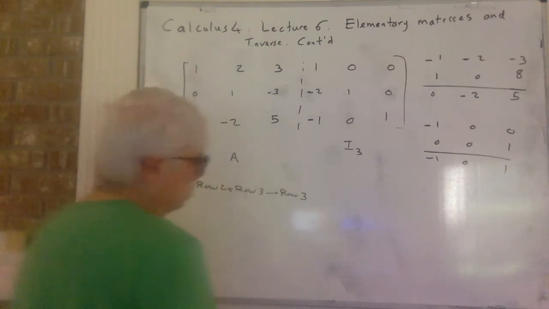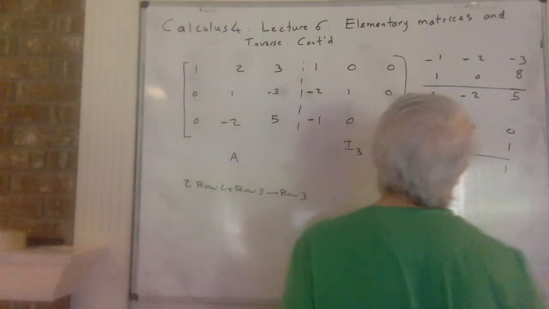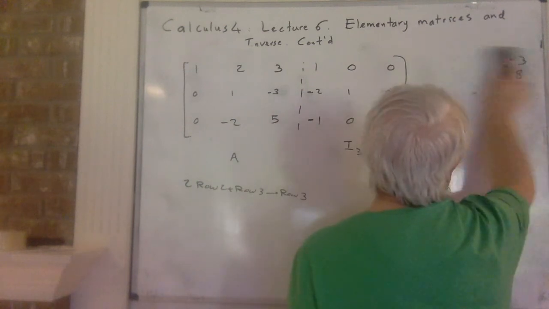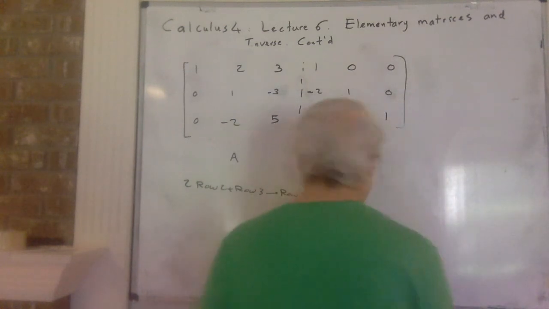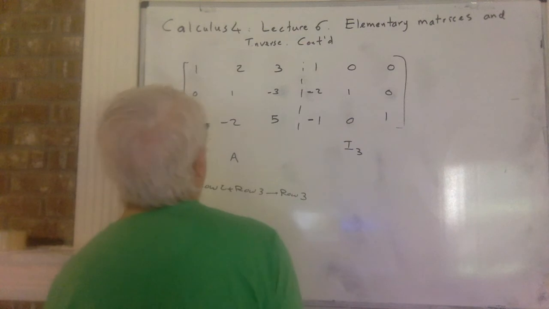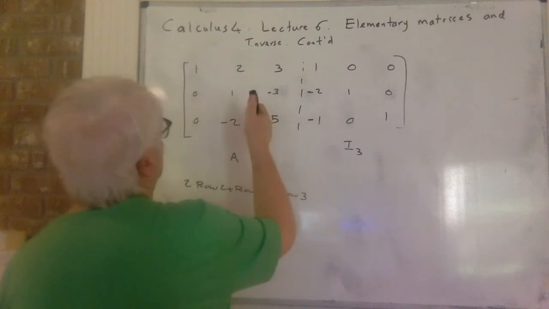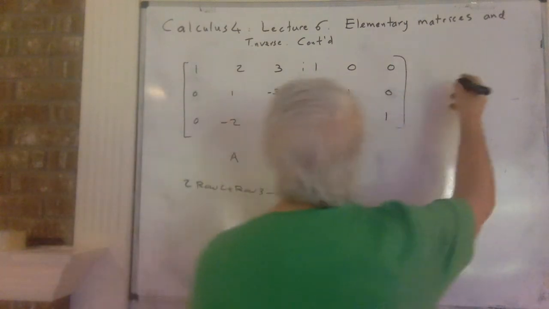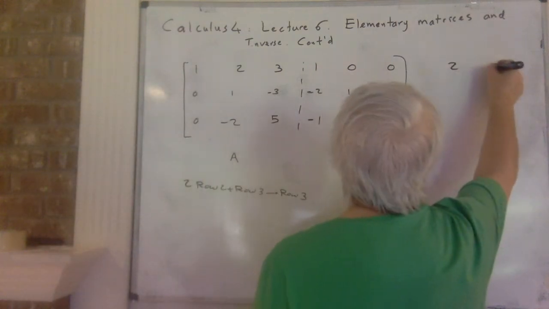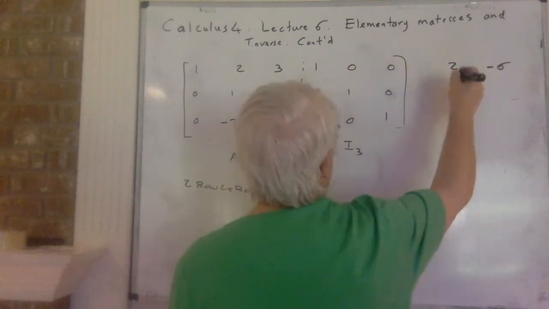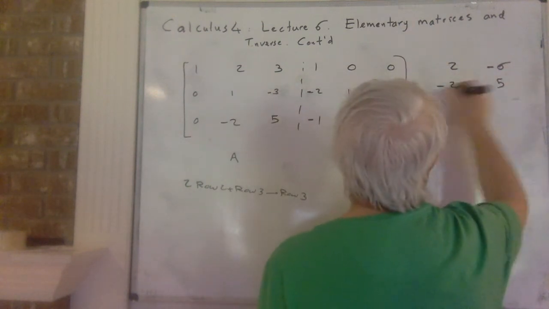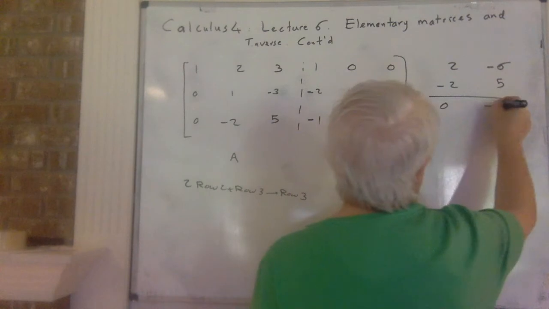So let's see what happens. So this multiplied by 2, I will get 2 here, -6 here, and I have a -2 here and a 5 here. I will get 0 here, -1 here.